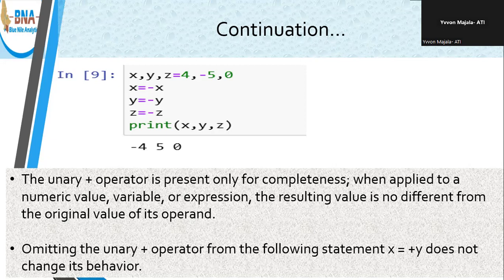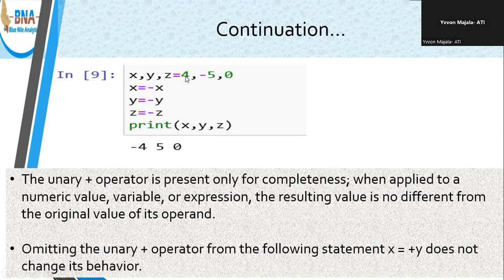It's just like the way we write numbers, 1, 2, 3, 4, 5. We all know those are positives. If we write plus 1, plus 2, plus 3, plus 4, plus 5, all the numbers will still be the same. It does not make any difference. What makes a difference is when we have a negative operand in front of the number, like here. This shows that the number is negative.